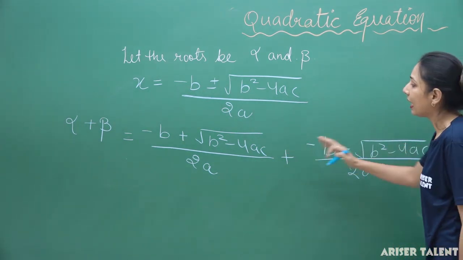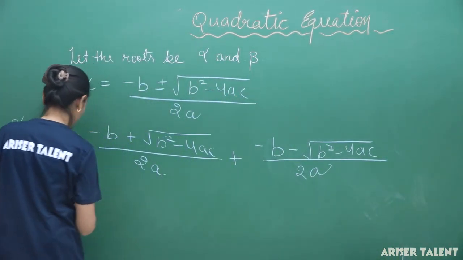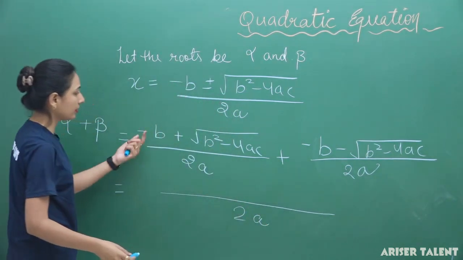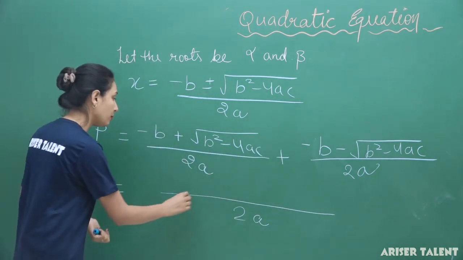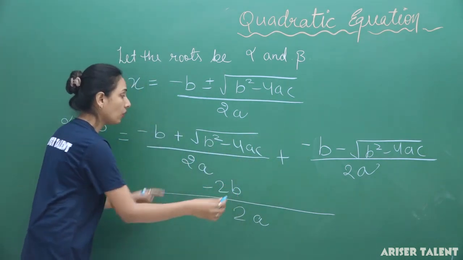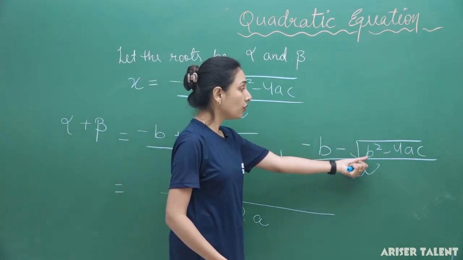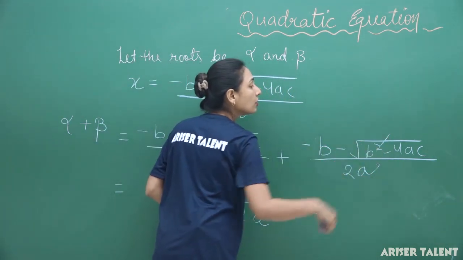Now, when I sum it up, I will take the LCM as 2a. Can I directly write it as this minus and this minus? That means minus 2b. Now look here, root b square minus 4ac minus root b square minus 4ac, that means what? That will cancel out.